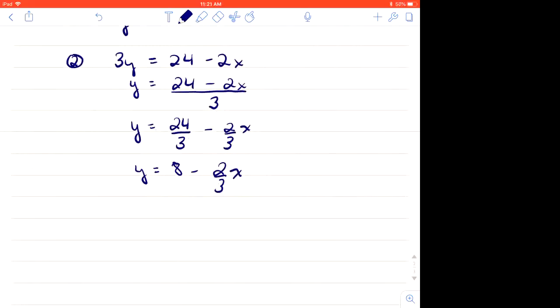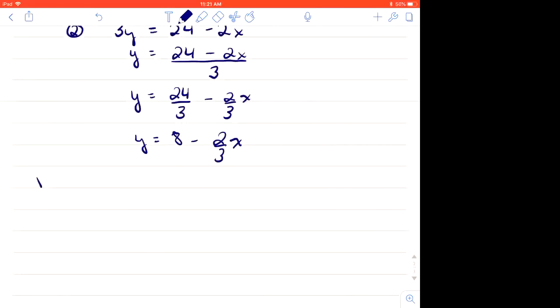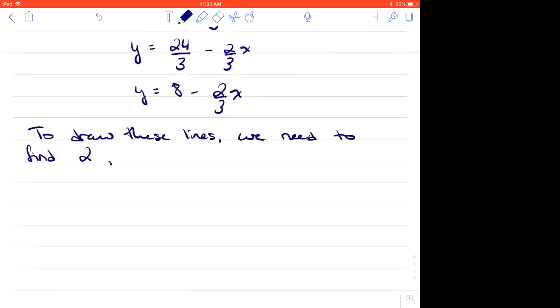We have to draw these lines, right? So to draw lines, we need to find 2 points on each line, connect those points, and extend it, right?